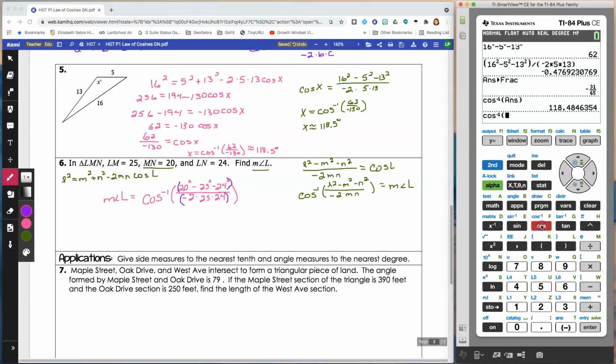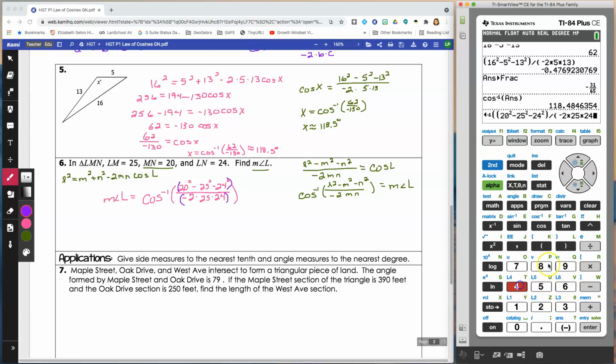Your inverse cosine, put in another set of parentheses to group your 20 squared minus 25 squared minus 24 squared. Close that, that's my numerator. Divide. Now I'm going to group that denominator together, so I have another set of parentheses. Negative 2 times 25 times 24. I'm going to close that grouping symbol. That's my denominator. Then I'm closing the whole thing. That's my inverse cosine. Click enter.